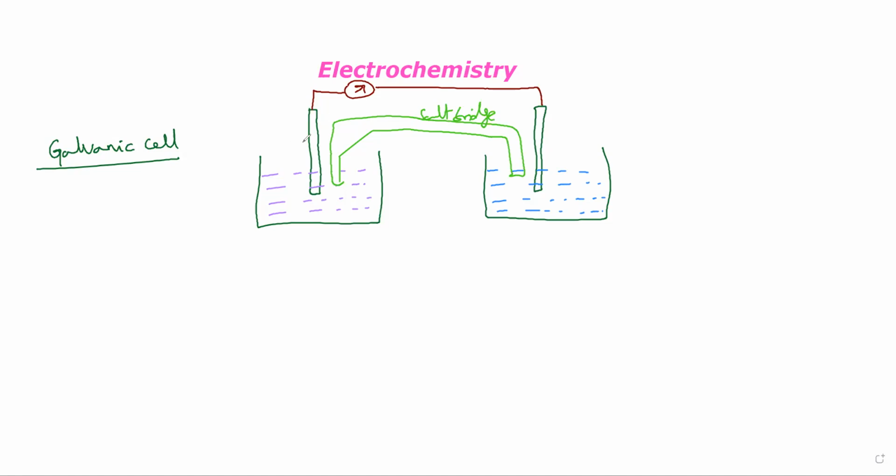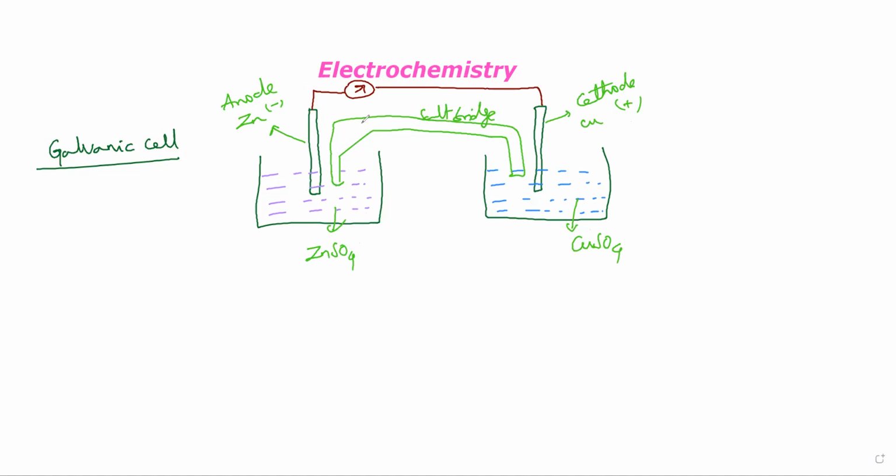Now this is a zinc rod which acts as anode. This is a cathode, that is copper. This is zinc sulfate solution. And this is a copper sulfate solution. Now what happens here? So this is a key point here.